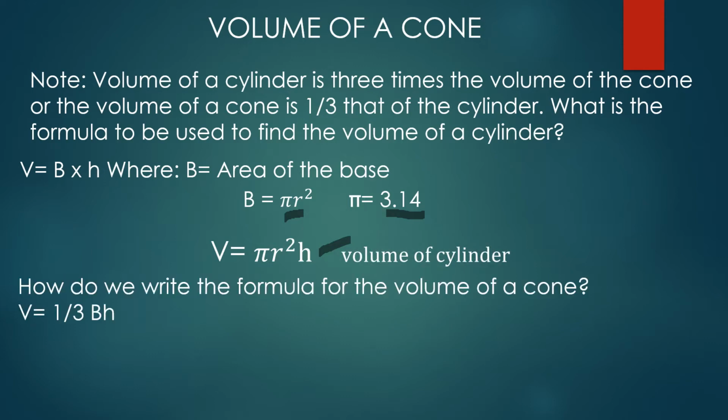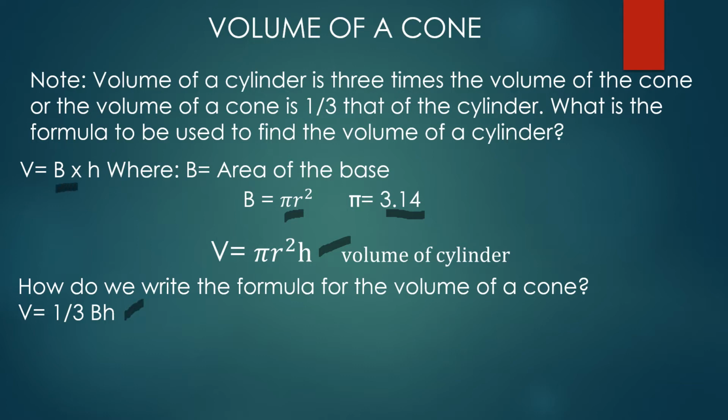Now, how do we write the formula for the volume of cone? So, dahil volume of cone ang ating hinahanap, hindi volume of cylinder, ang gagawin natin, kasi 1/3 lang ng cylinder ang cone, kaya ang ating formula ay 1/3 ng base times height.